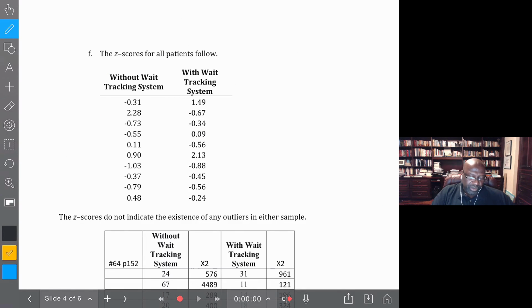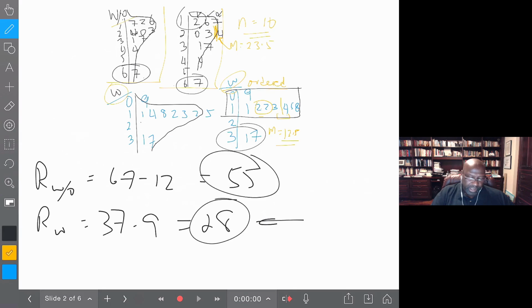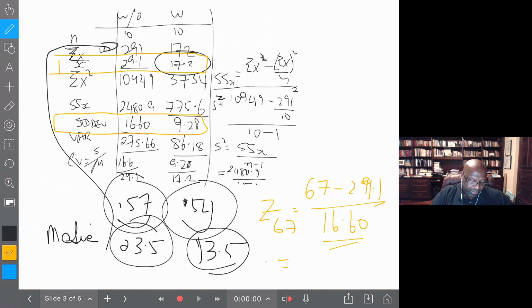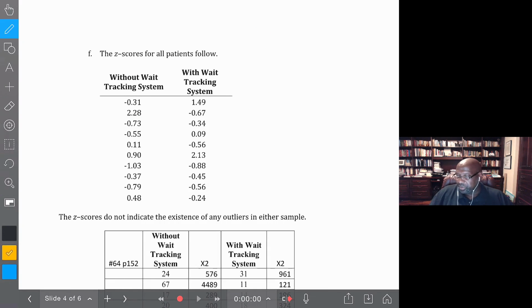That z-score turns out to be, I believe that this is the data when it's not ordered. So the 67, I think, is the one that gives us the highest z-score. And so that's the 2.28 that you will see here. All right.